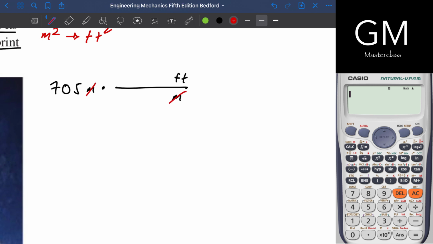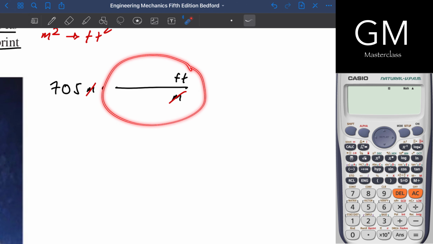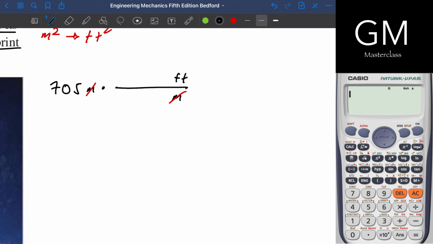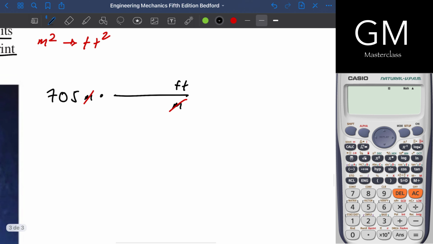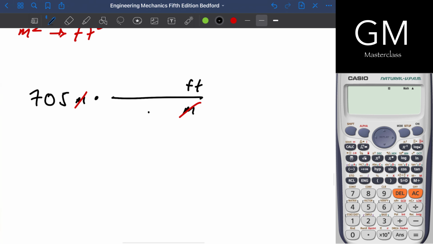So I'm going to eliminate this one with this one, and then in this division I'm going to write down the equivalence. So 1 meter, it is always 1 here in the below part of the division, is equal to what amount of feet. If you don't know this information, you can consult it in your calculator if you have one.